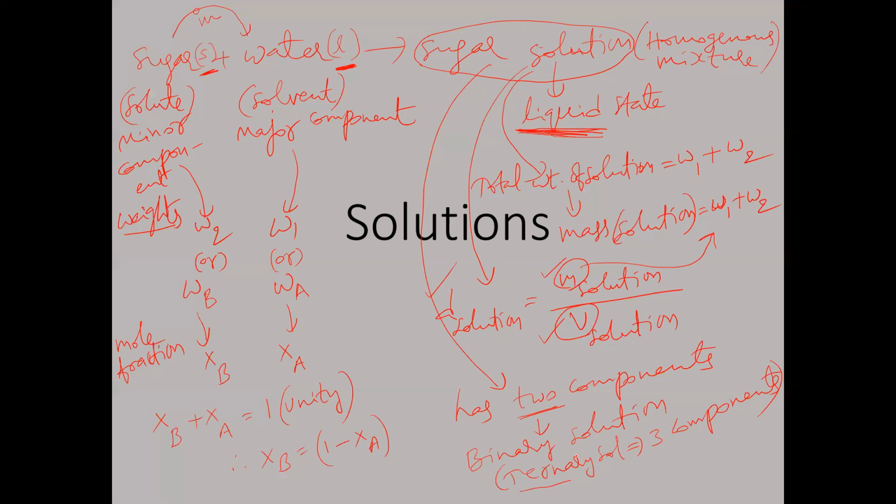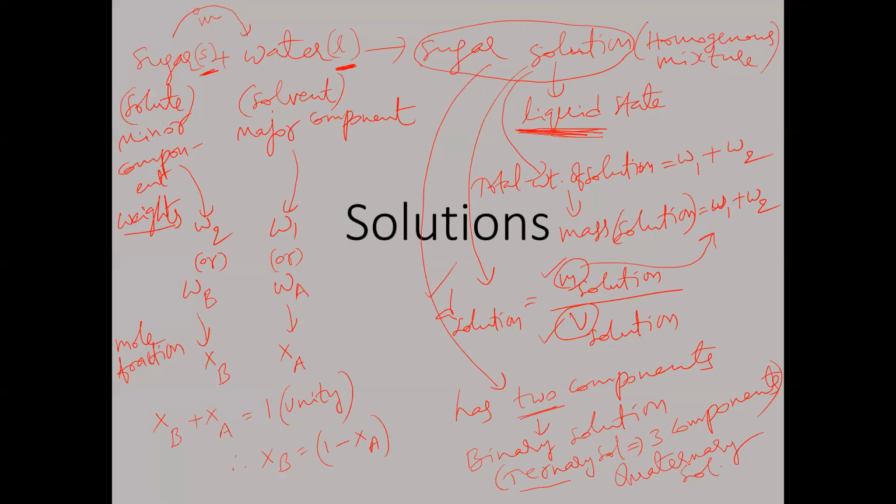And if 4 components are present, what is the solution called? Quaternary. A quaternary solution contains 4 components.